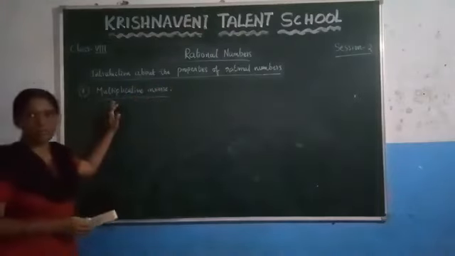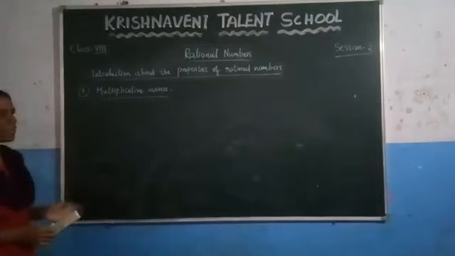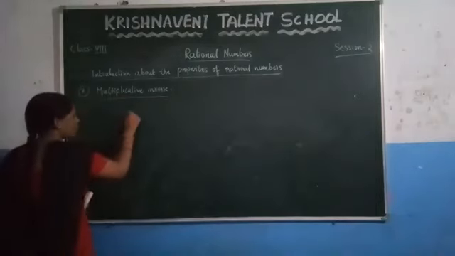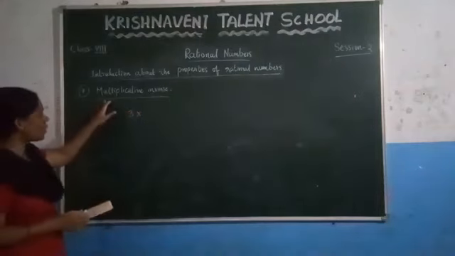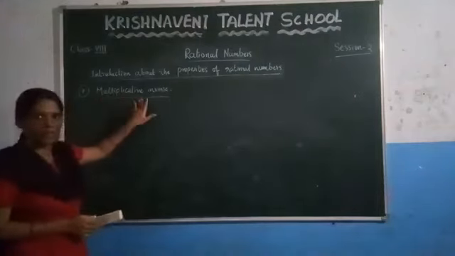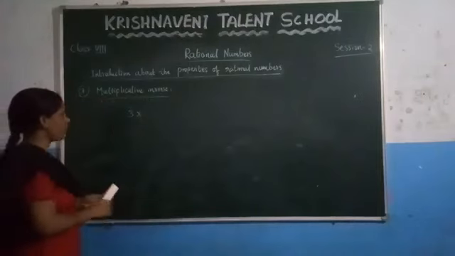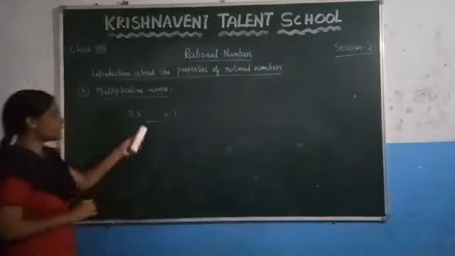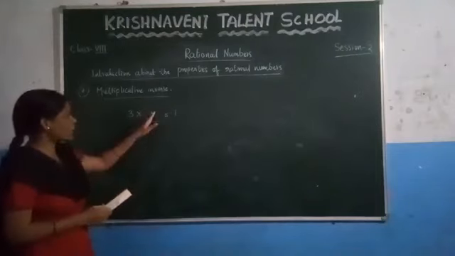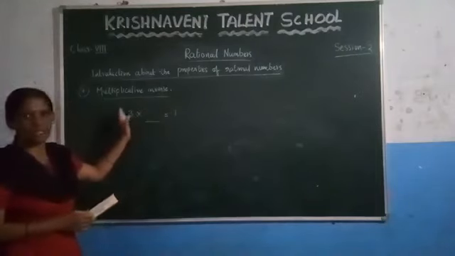After that we will define the definition of the multiplicative inverse. Consider one number 3. You have to multiply one number. Why are we multiplying here? Just the property says here the multiplicative inverse. So you have to multiply one number such that you get the result as 1. What is that number? That number we call it as a multiplicative inverse of the given number.